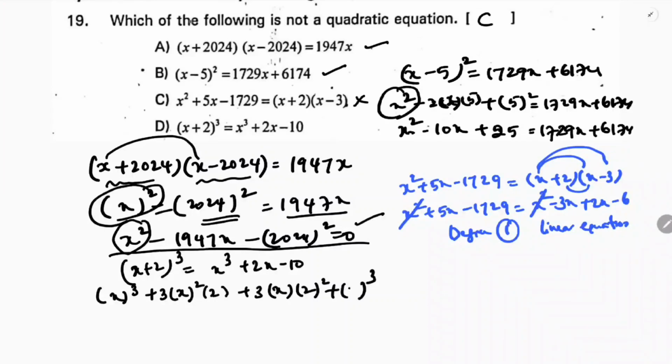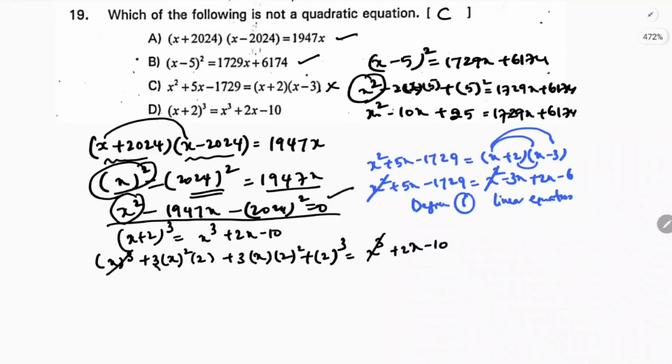See here x cube and x cube are getting cancelled. 3 times 2 is 6x square. 2 square is 4, 4 into 3 is 12x, plus 8 minus 2x plus 10 equals 0.